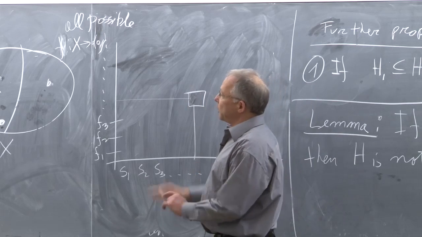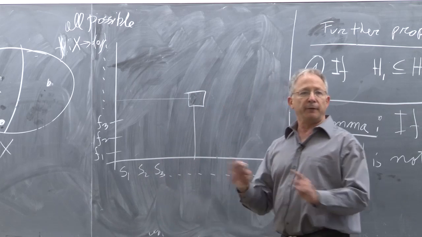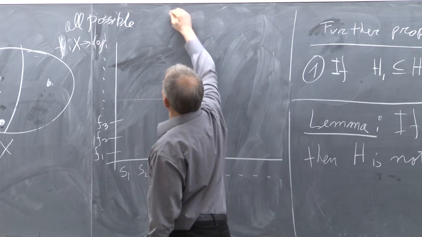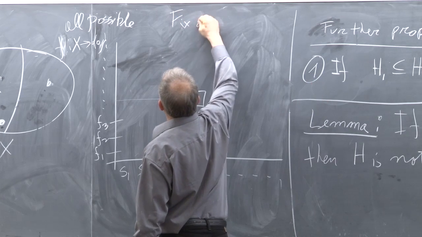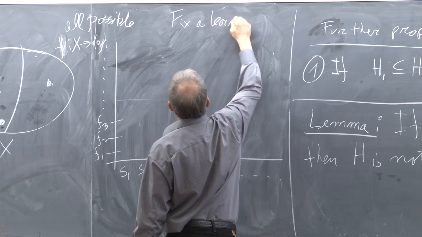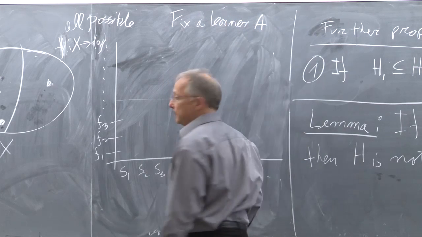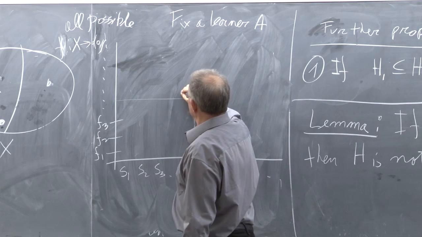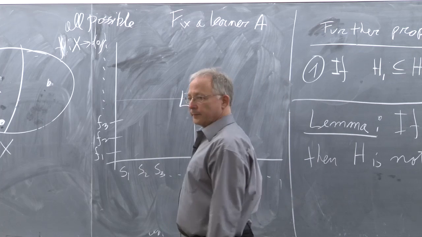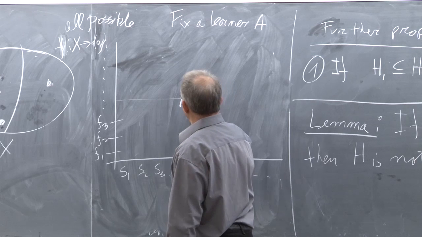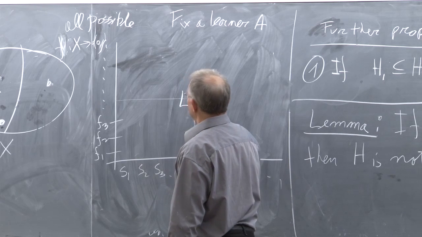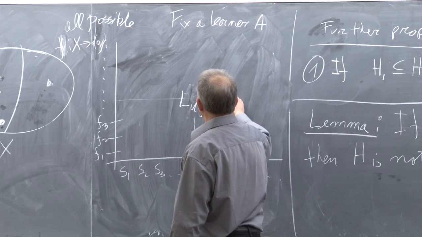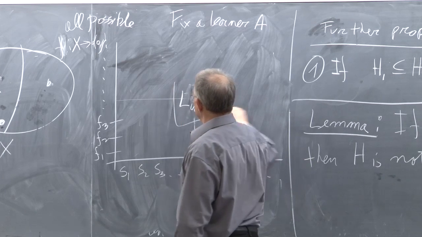We want to show that every learner is going to fail. So we fix a learner A. And what I'm going to write here is the loss with respect to the uniform distribution and the function f_i when I get as training the sample S_j.